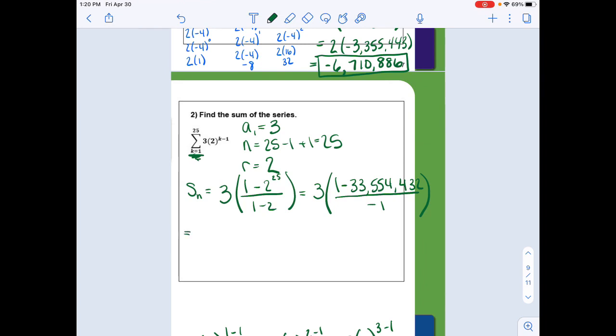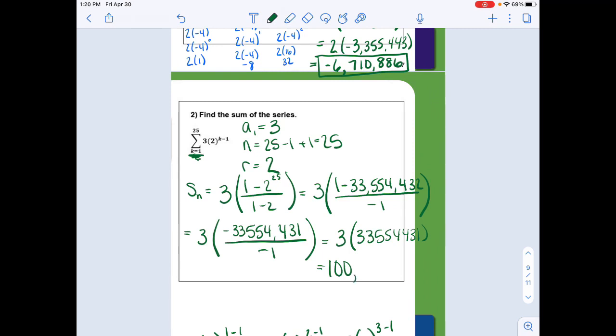Don't forget to subtract the very large number from 1. Divide, and you get the positive version of our numerator. And then multiply by 3. So our solution is 100,663,293.